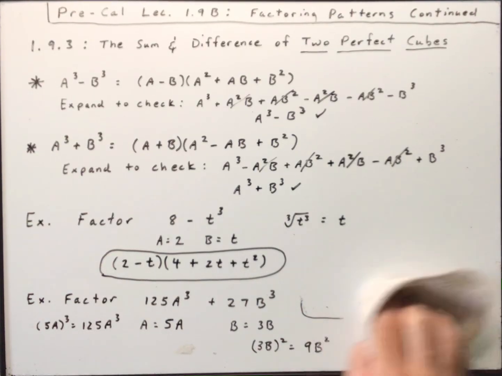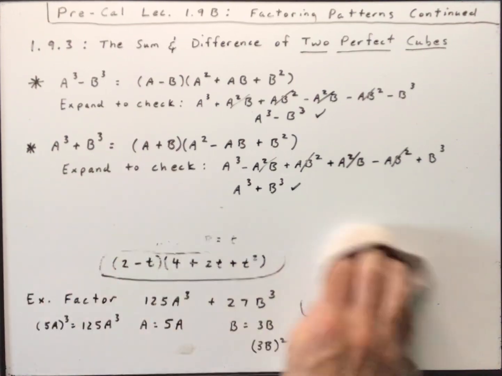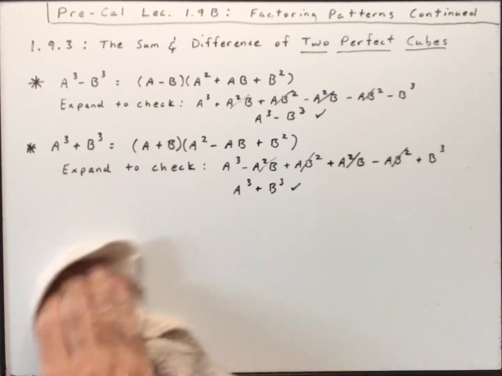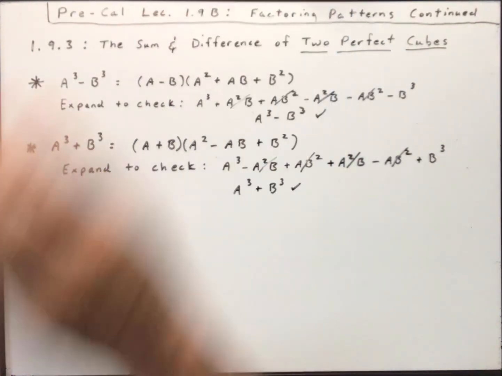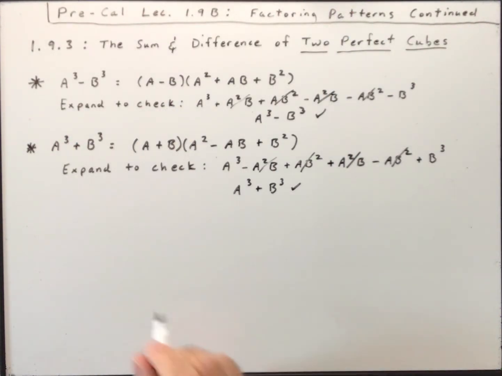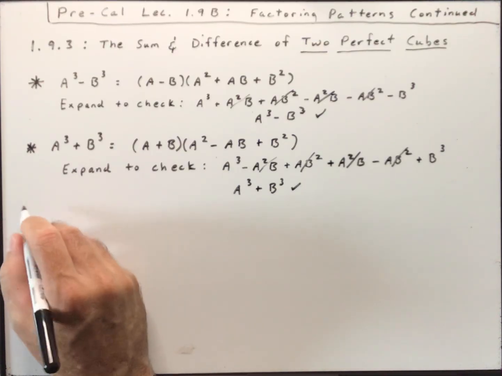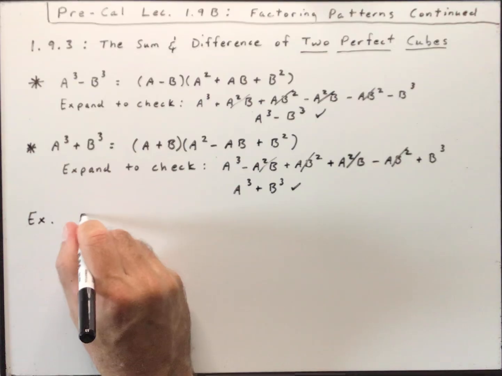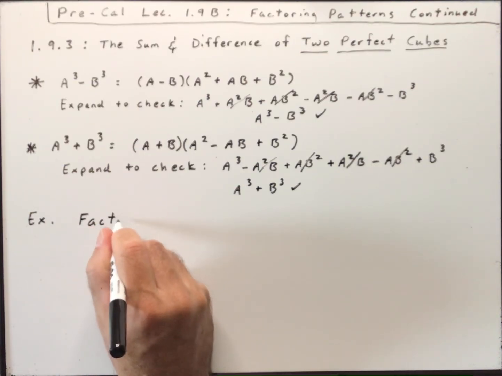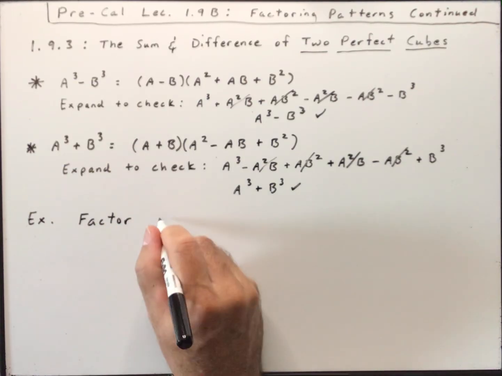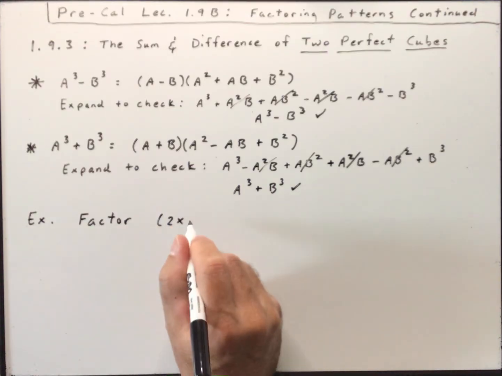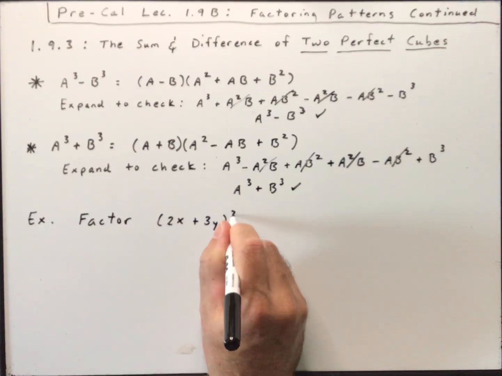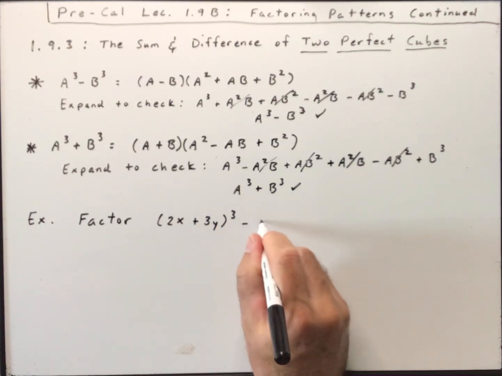So fast forward through this if you want. I will just erase this bottom part so our formulas are handy. All right, and then our last example in 1.9.3, we want to factor. So kind of like in the previous lecture, we're going to go a little fancy here. 2x plus 3y all cubed minus 343.